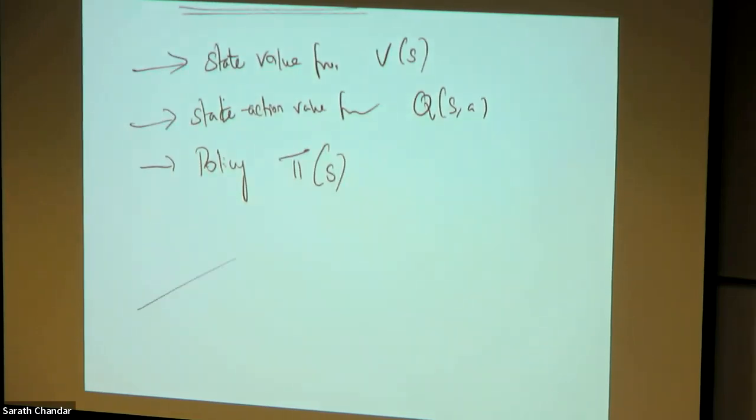You could take a value-based approach, which means you're learning the value functions, state value functions or state action value functions, and use this value function to construct the policy, and this policy is going to give you the best possible return. The alternate approach is policy gradient methods.